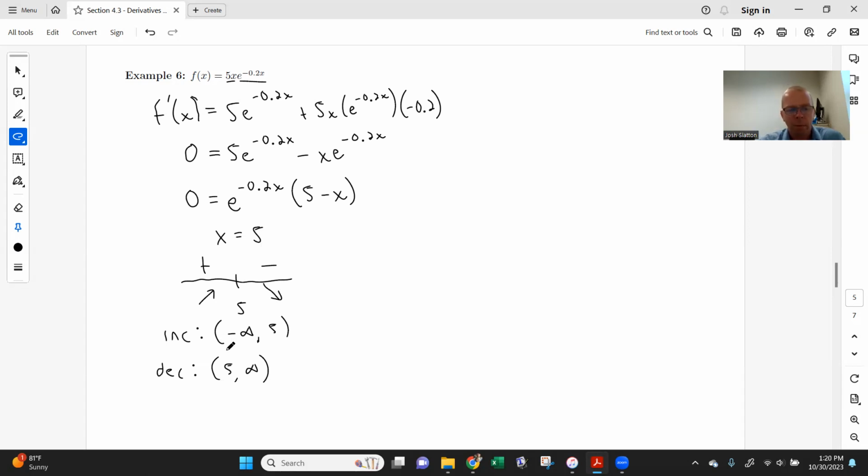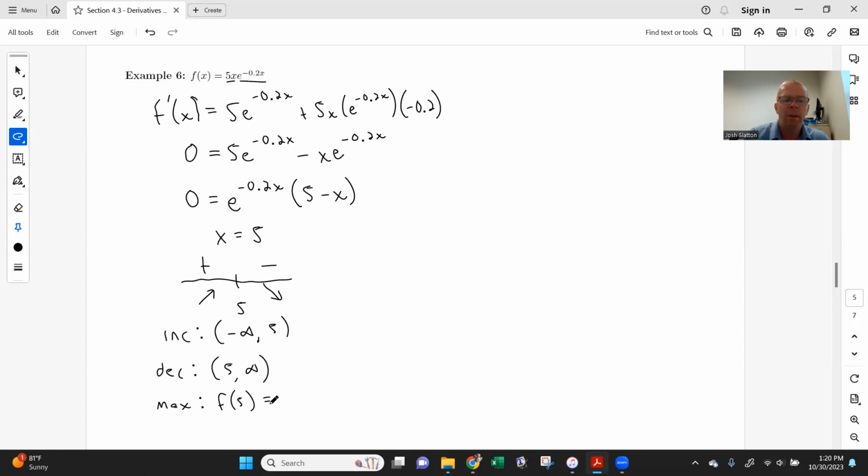So that means we have a max, but we do not have a minimum. So for the maximum, we're going to plug in 5. So f of 5. And you don't need to put this in the calculator because you have to keep the e. You can't type an irrational number as a decimal.